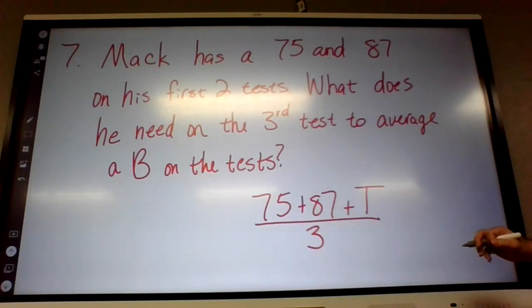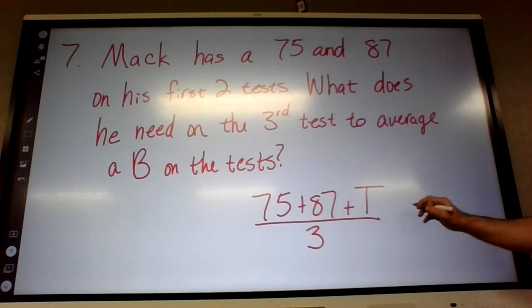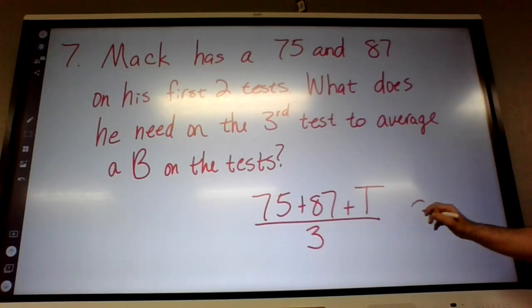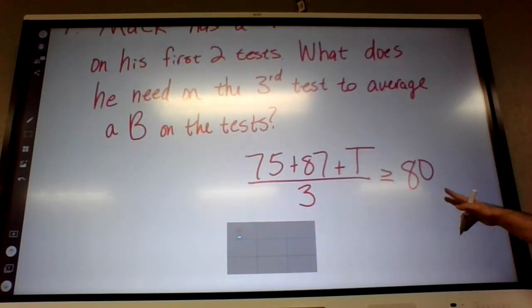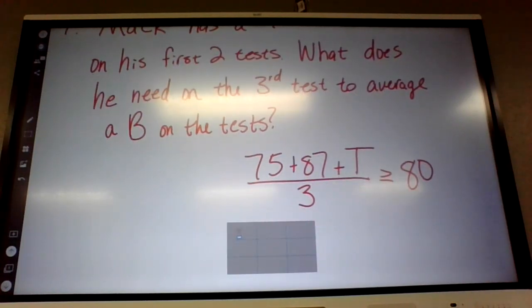If he wants to get at least a B, what? 80. Okay, 80, but what should I put right here? Equal. Wait, no. Greater than. Yeah. Good job. Now, what's the algebra trick we should use?